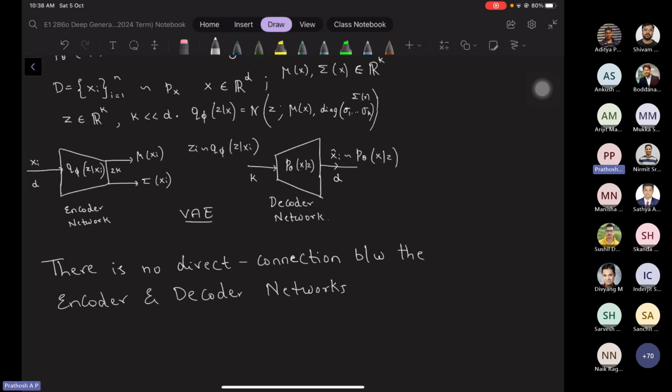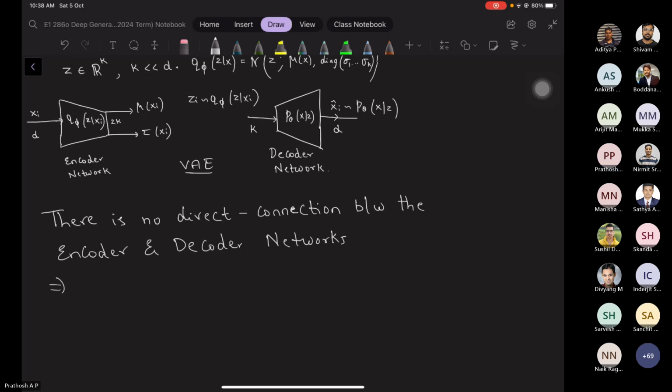The output of the encoder does not go as an input to the decoder.